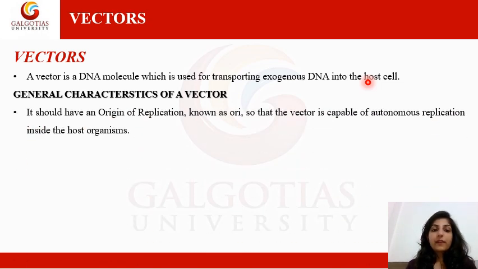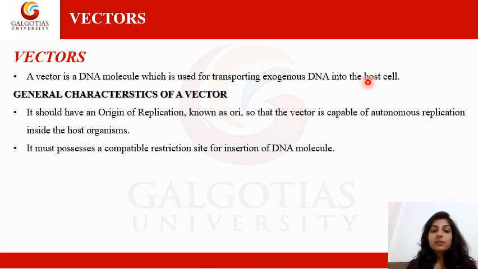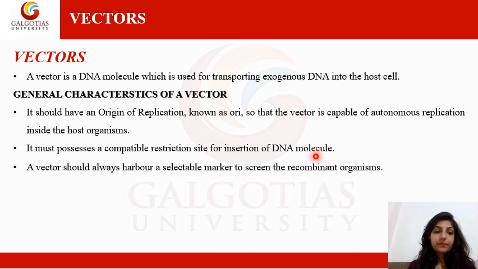What should be the basic characteristics of a vector? It should have an origin of replication, known as ORI, so that the vector is capable of autonomous replication inside the host organism. It must possess a compatible restriction site for insertion of a DNA molecule.